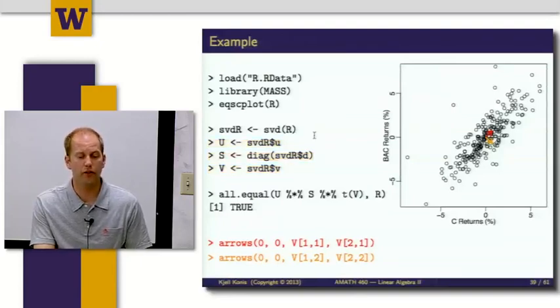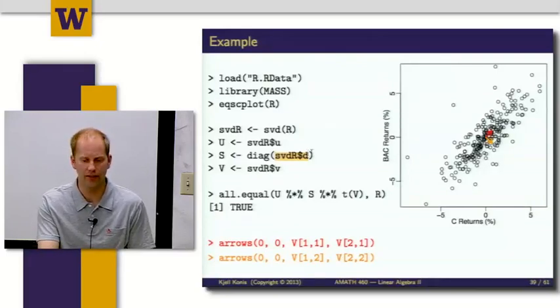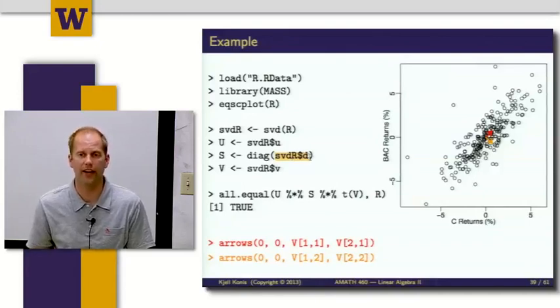So the capital U will be the matrix U. Just to save storage space, if the answer is a diagonal matrix, R is not going to give me back a whole matrix that only has the diagonal non-zero. What R actually gives me is a vector equal to the diagonal. So I'm going to use the function diag to make a diagonal matrix using the elements of that vector. So S here is going to be the matrix with these diagonal values.